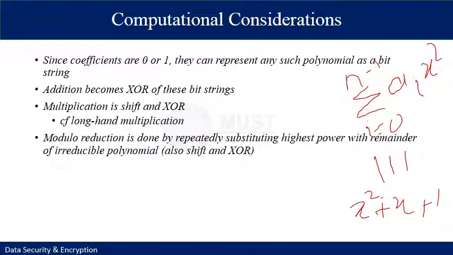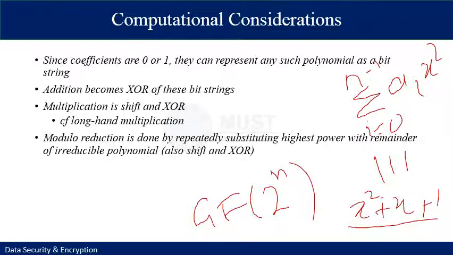Thus every polynomial in this form can be represented by an n-bit number. So in this case, if we have n equal to 3, every possible combination in the form of GF(2) raised to power n can be represented using n bits, in this case 3 bits.